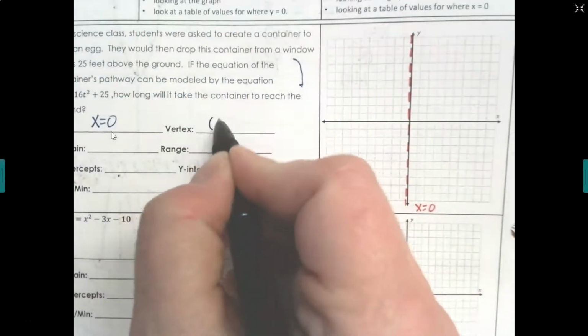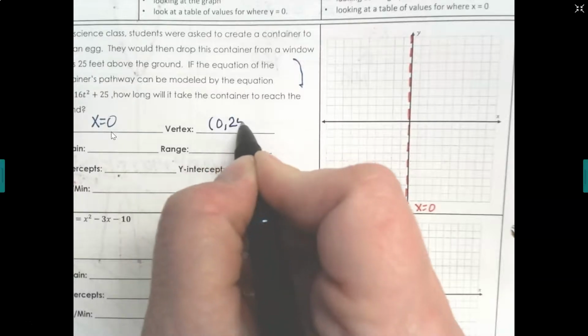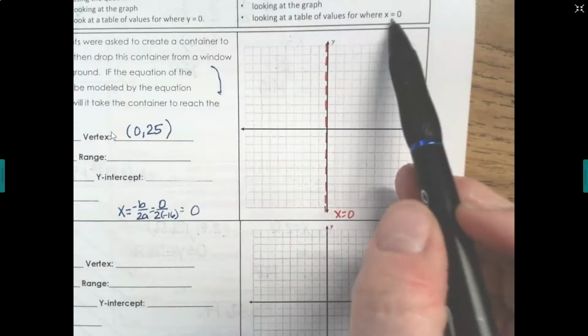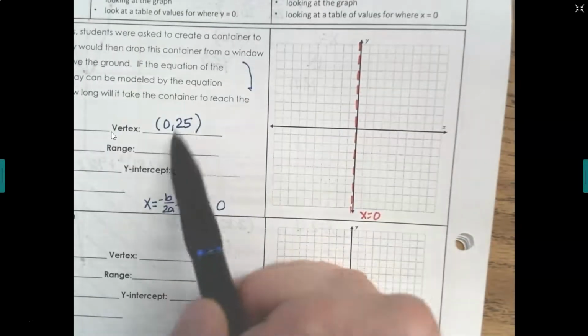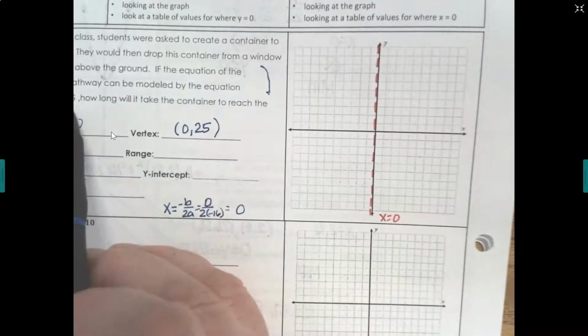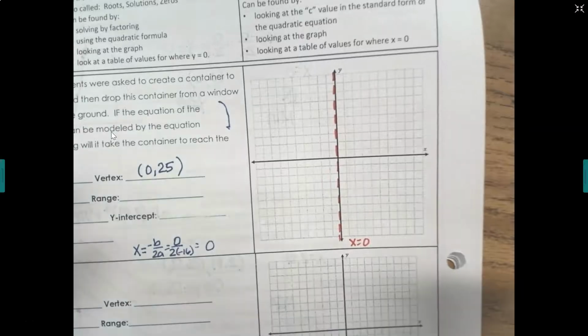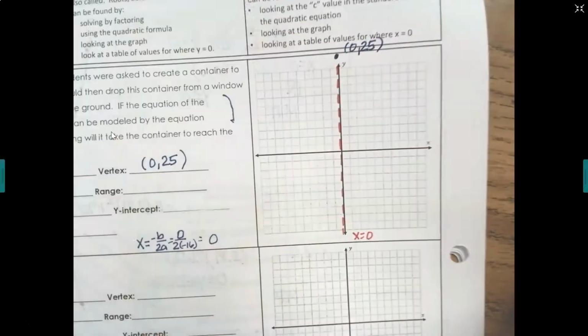When x is 0, y is 25. Oh look, that's when x is 0. Didn't I say where x is 0 is our y-intercept? Didn't I say the c value is the y-intercept? There's your c value at 25. Our graph doesn't go up to 25, so we're going to fake it right now. We'll say that's 0, 25 for our vertex.